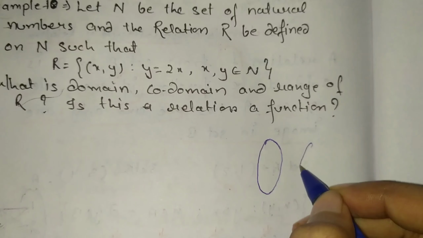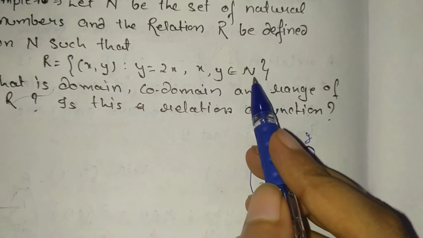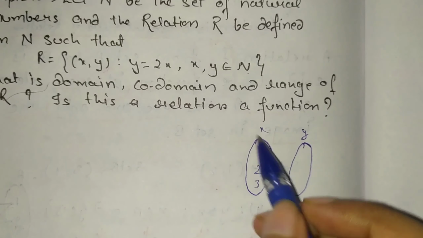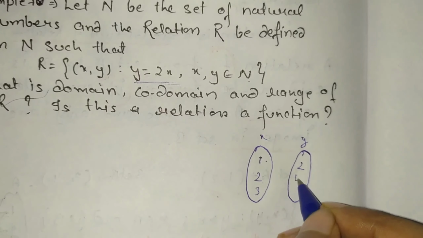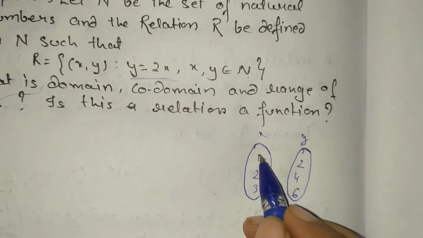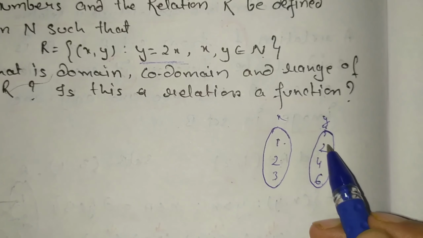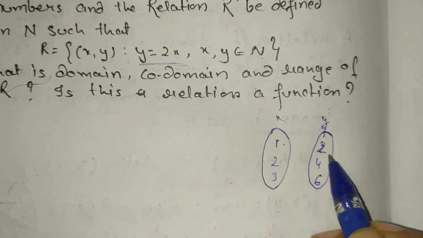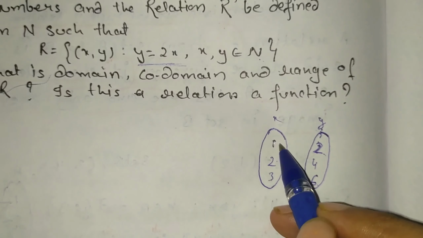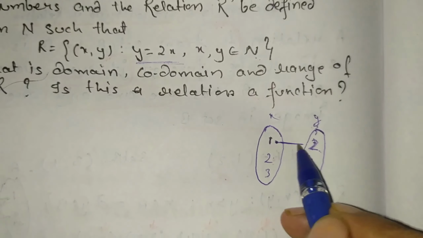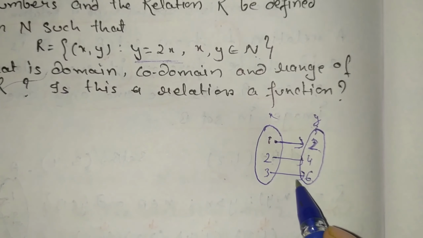Let's take two sets and suppose values of x are 1, 2, 3, which are natural numbers, and therefore according to our relation y is equal to 2, 4 and 6, as y is equal to 2x. So here we can see that the values of y also belong to N, that is natural numbers, and we can say that 1 is the value of x which has image 2, and 4 is the image of 2 and 6 is the image of 3.